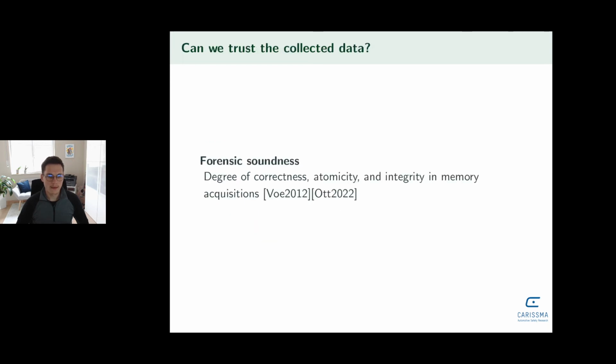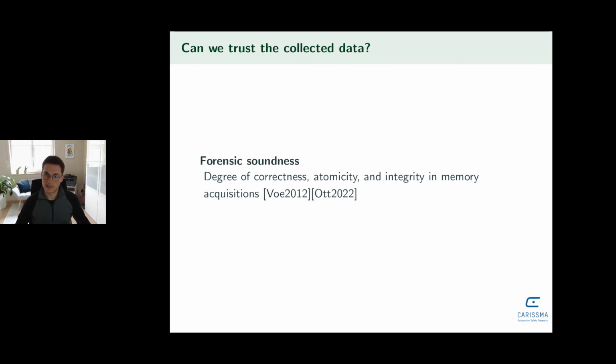Well, when we talk about trustworthiness of data, you usually talk about forensic soundness. And forensic soundness is the degree of correctness, atomicity, and integrity in memory acquisition. This correlates to: was the data changed while acquiring it? Is the stuff you collected actually the stuff that was written in the memory?